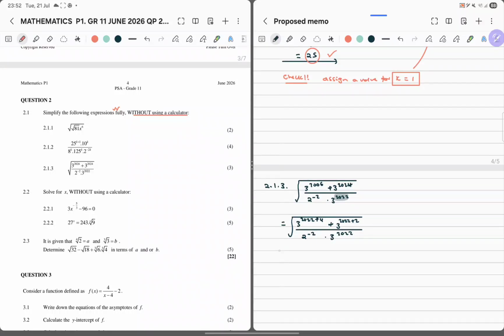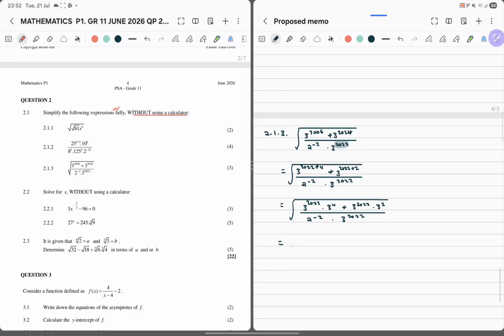Now we've got a situation where we need to break it up using our exponential rules. So when we add, we simply multiply. So this is 3 to the 2022 times 3 to the 4 plus 3 to the 2022 times 3 squared, all divided by 2 to the minus 2 times 3 to the 2022.